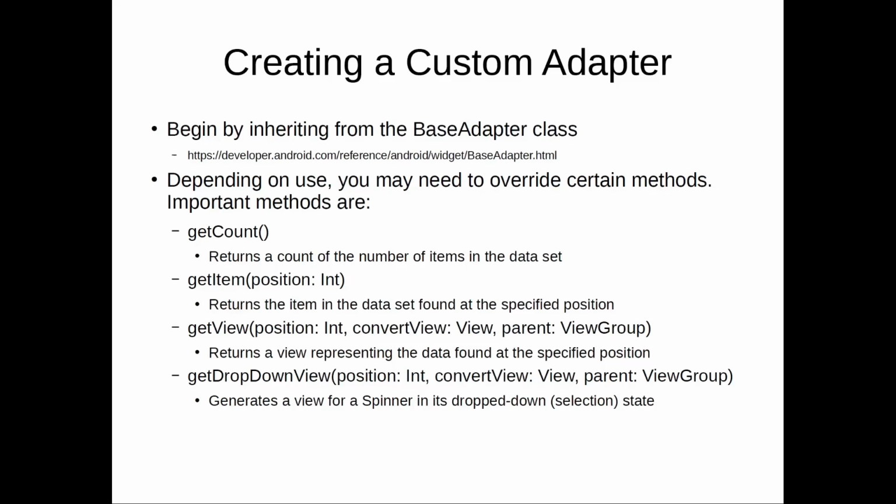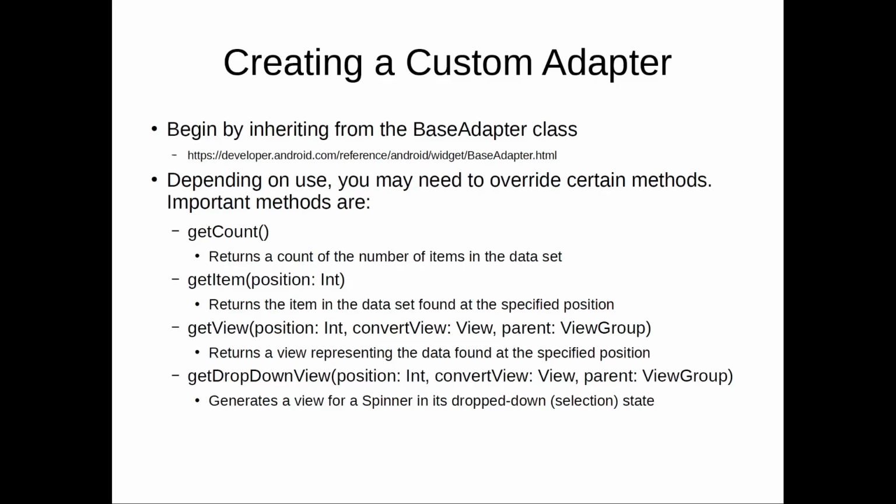Namely, you would override the getCount function, which is to return the number of items in the dataset. You'd override getItem, which is the function that will return the item found in a dataset at the specified index. getView is a view generation function, so it will return a view that matches the data element of the provided data element position.